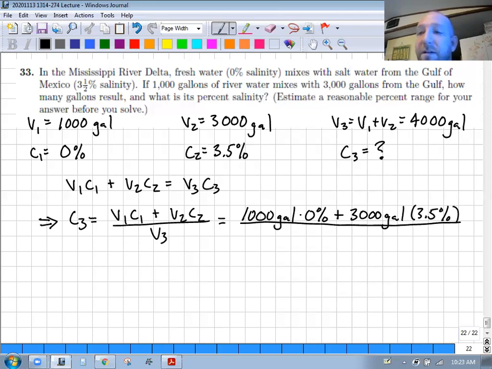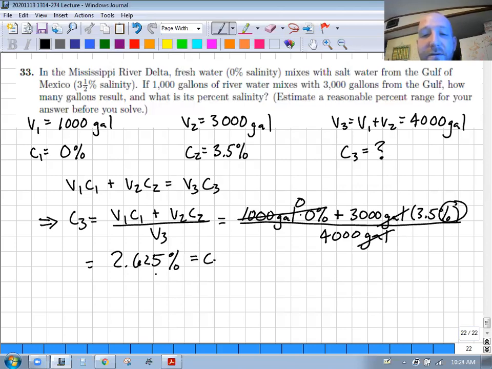And V3 is 4,000 gallons. This here is 0. Gallons go away. So we have 3,000 times 3.5 divided by 4,000, 2.625%. That's our C3.